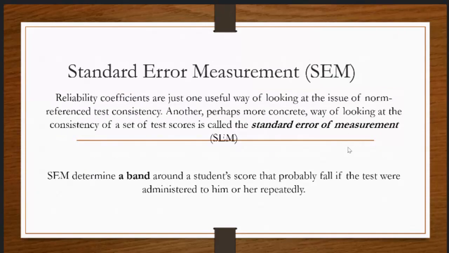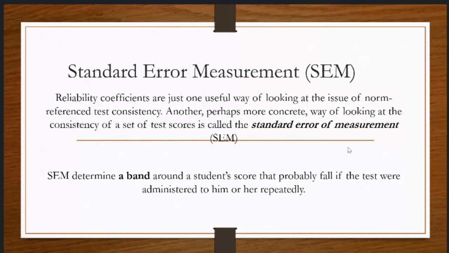I will move on to the standard error of measurement, which stands for SEM. The reliability coefficient is just one useful way to look at the consistency of the test, but there's another, more concrete way, called SEM.